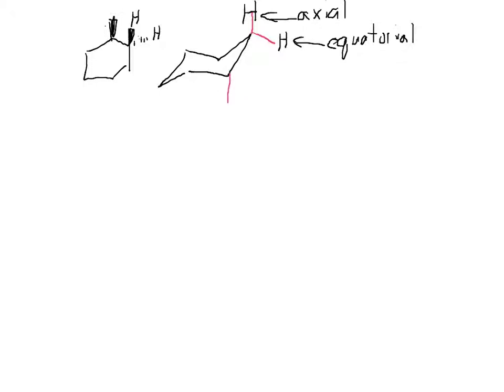I draw a bond going down and a bond going up, because this carbon right here is also tetrahedral. It also has an H in both positions. So if I number these carbons as 1, 2, and 3, this is carbon 2, this is carbon 3.